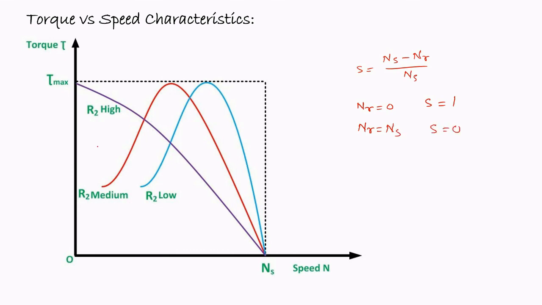So the torque versus speed characteristics is just the mirror image of the torque versus slip characteristics. This is the torque versus speed characteristics of a three-phase induction motor that can be easily drawn from the torque versus slip characteristics. That's all.